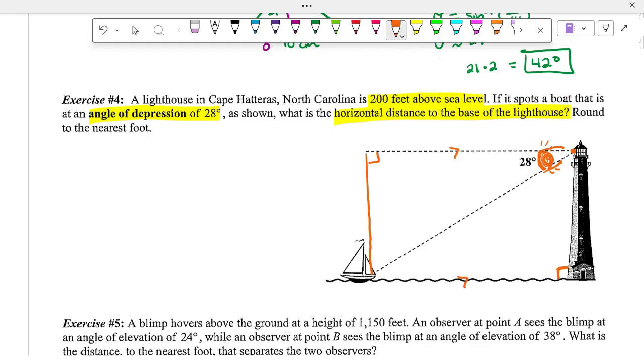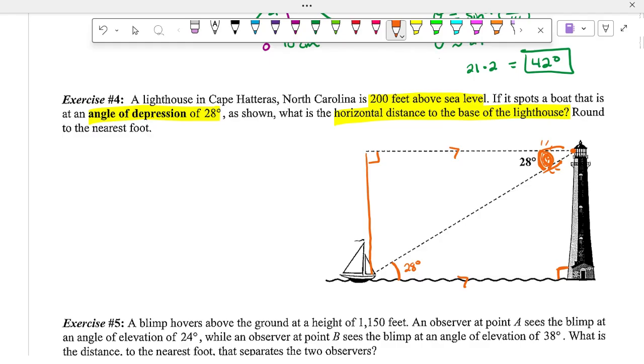So they're parallel lines, which means that this angle right here is also what? 28 degrees. Why? They're not vertical angles. I don't know they're similar yet. I don't know they're congruent yet. But alternate interior angles, that's why.